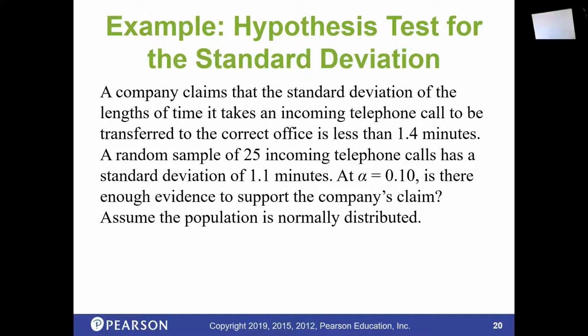Okay, let's state the claim. Now be careful this time. We're not talking about variance, we're talking about standard deviation. The company claims that the standard deviation of time is less than 1.4 minutes.